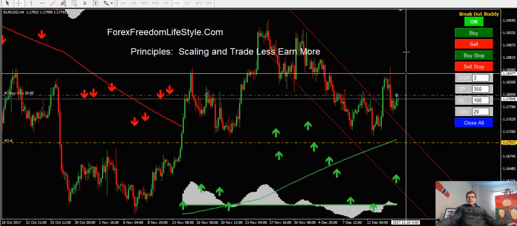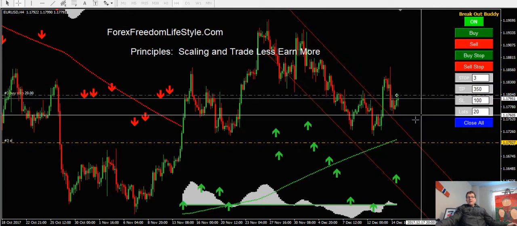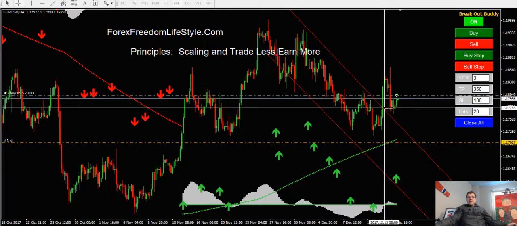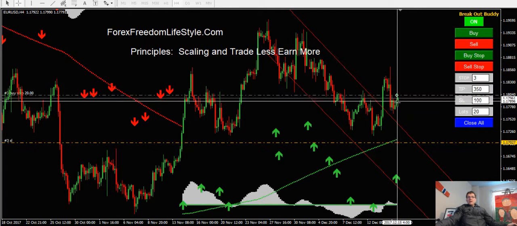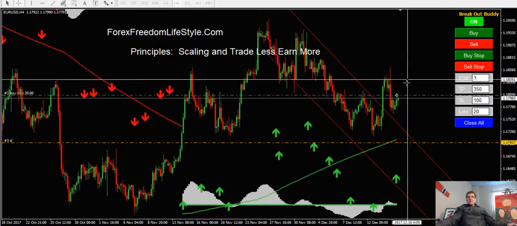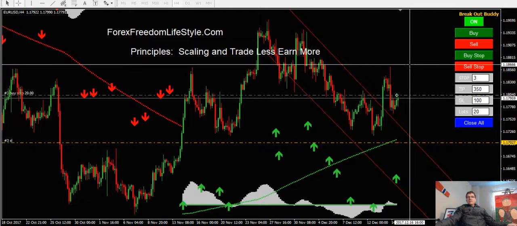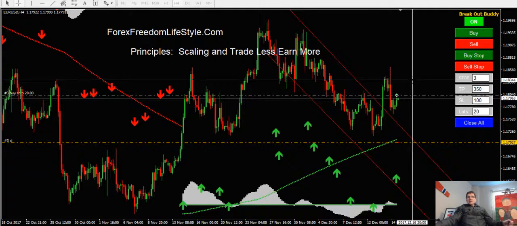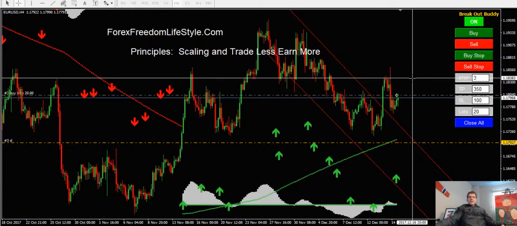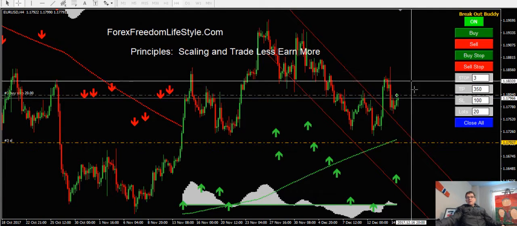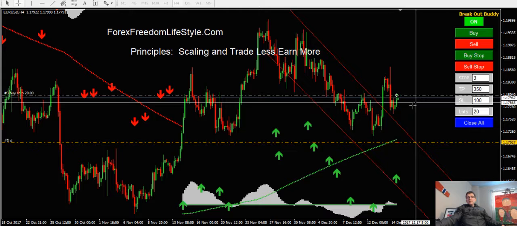This chart, as it moves up, indicates strength in the euro. Right now, there's perception that there will be tapering and possible raising of interest rates throughout 2017 and probably in 2018, and that's what's driving the euro up.